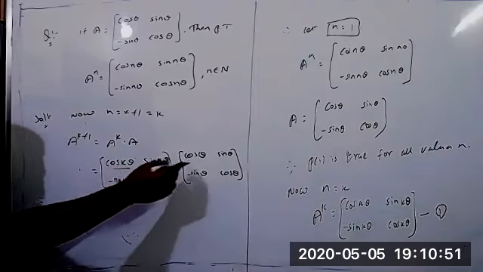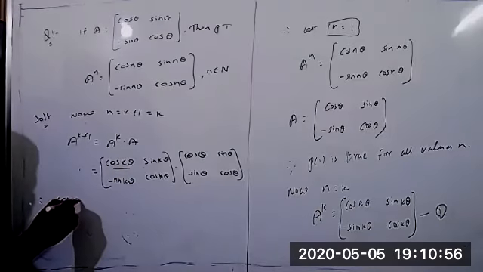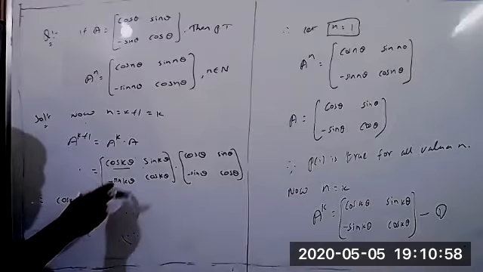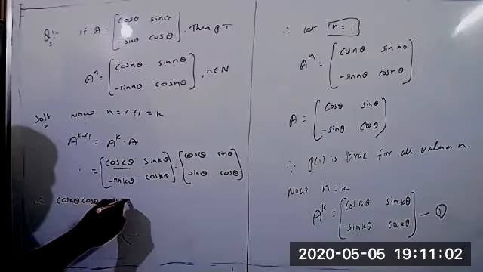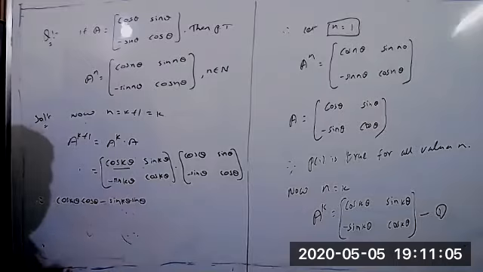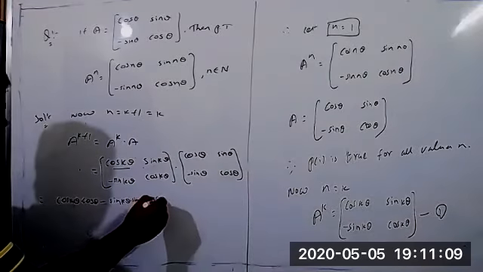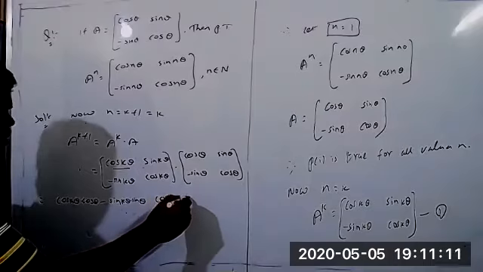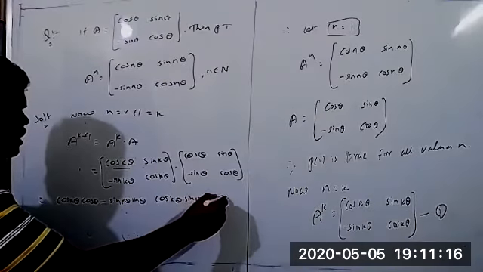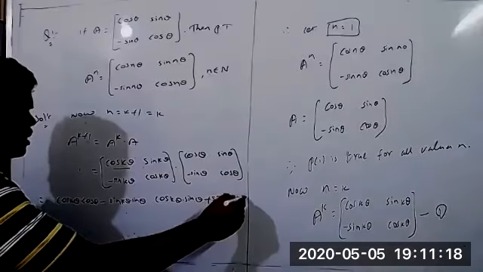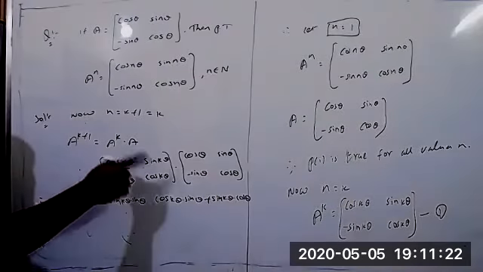So cos k theta into cos theta, plus minus sin k theta into sin theta, the first element. Next, cos k theta into sin theta plus sin k theta into cos theta. First row into both columns is over.